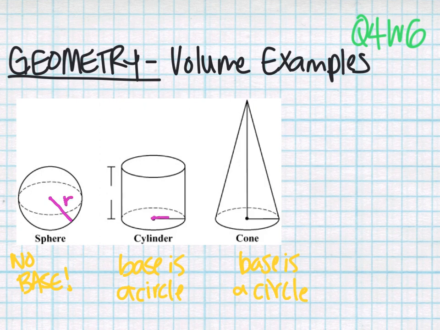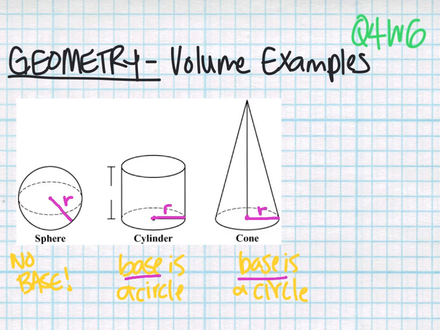The cylinder's radius is right here. And the cone's radius is right here. So the cylinder and the cone have their radius along the base. But the sphere doesn't have a base, so its radius is just right there. Each of these shapes has a circle kind of in it if you look at them, right? So each of them is going to have pi in their volume formulas.